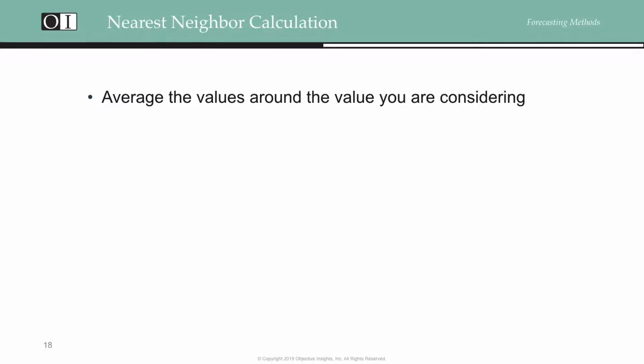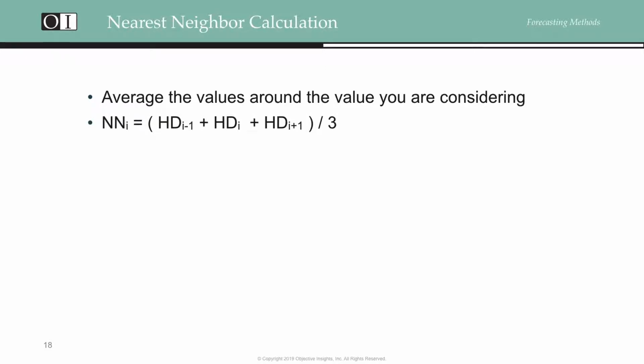One is that it doesn't change the level of the data, and it also doesn't move the peaks and the valleys. So if you typically have a peak, say in the spring, and a valley in the fall, when you apply nearest neighbor smoothing, you're still going to have your peak in the spring and the valley in the fall. And all it does is it averages the values around the value you're considering.